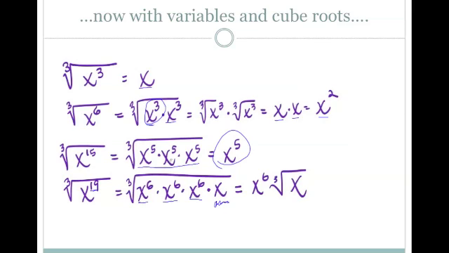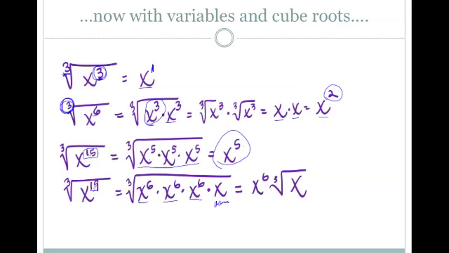Now again, you may notice that 3, my root, divided into my power inside here, 3 divided by 3 gives me 1. 6 divided by 3 gives me 2, because you're really looking at how many groups of 3 are there. So here, my power is 15. 3 divided into 15 gives me x to the 5th, because I had 3 groups of x to the 5th.